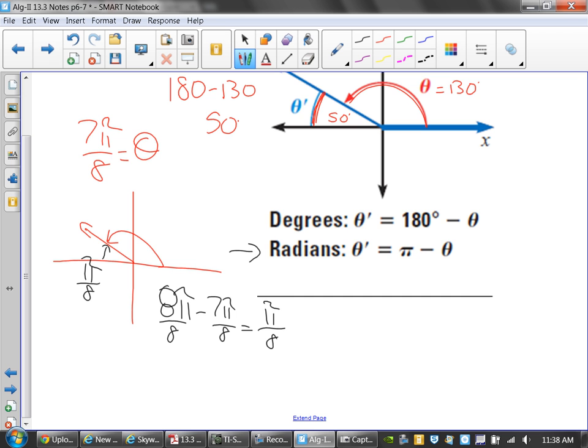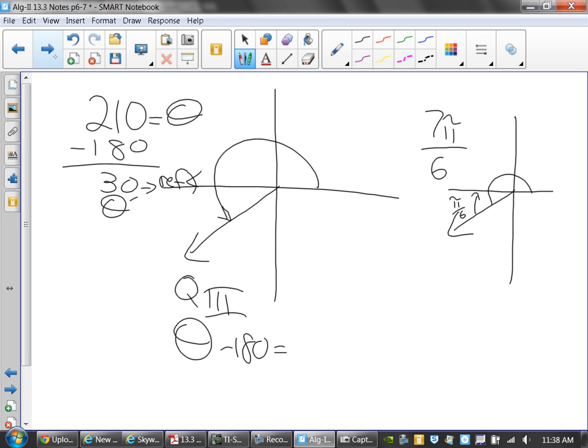Pi over 8. Does that make more sense? On that one, all I had to do was take 7 pi over 6 and subtract out pi, or in other words, I subtracted out 6 pi over 6 by just using common denominators to get real fast fractions.